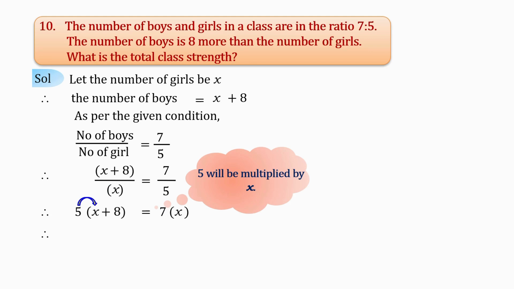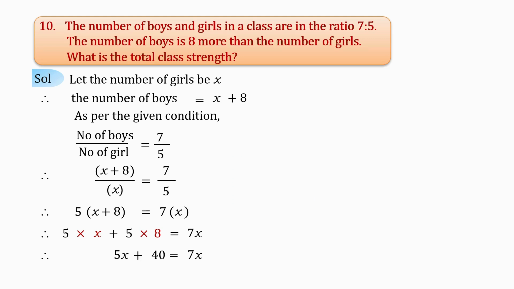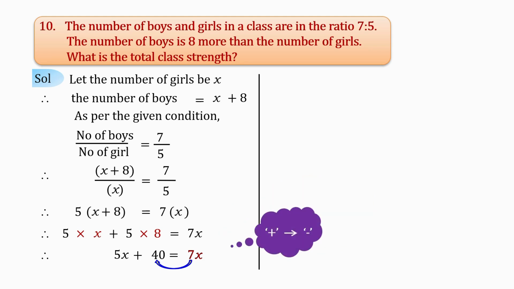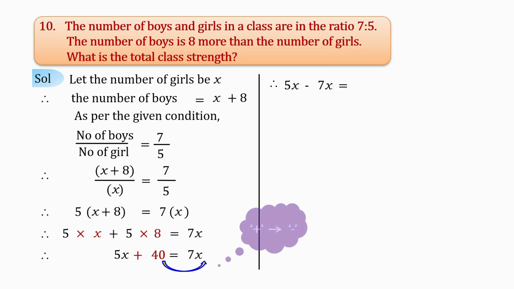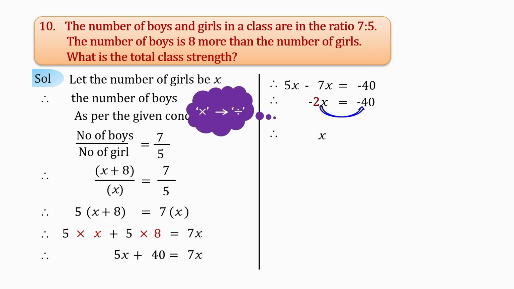So first we are going to open the brackets. Now finally we got x equal to minus 40 by minus 2, that is 20.